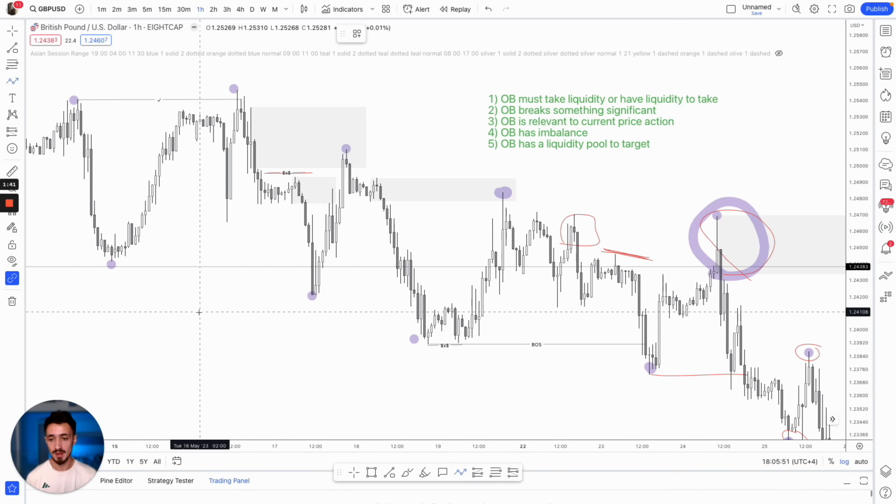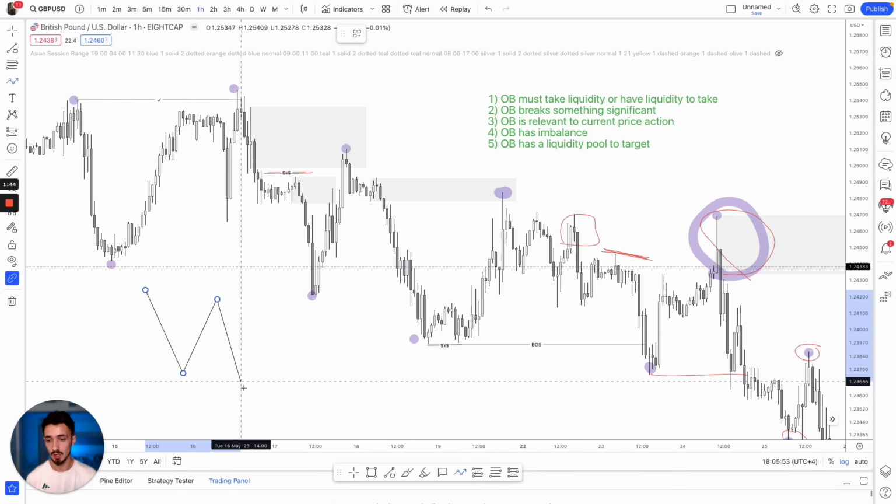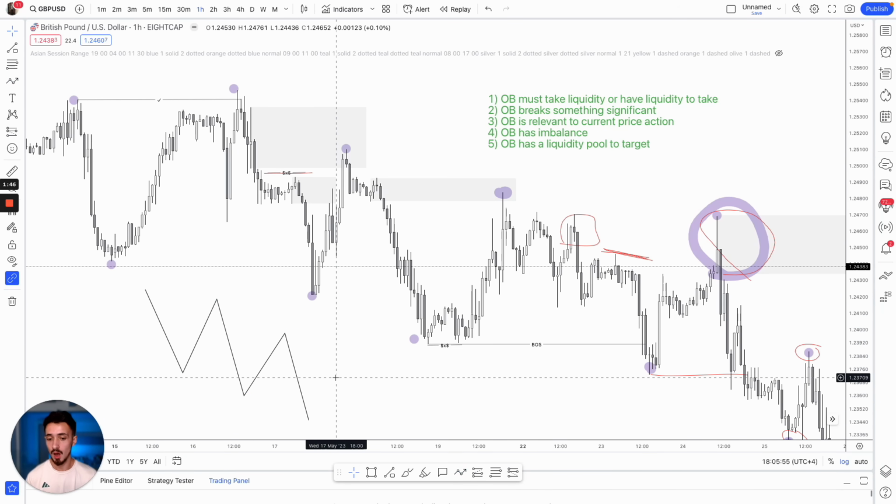Meaning, if price is making a series of lower lows and lower highs, I only want to be getting involved in order blocks that are involved in the most recent leg that has just broke structure that first meets criteria number 1.